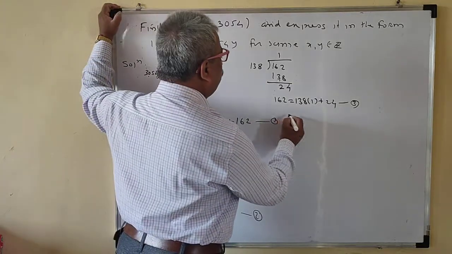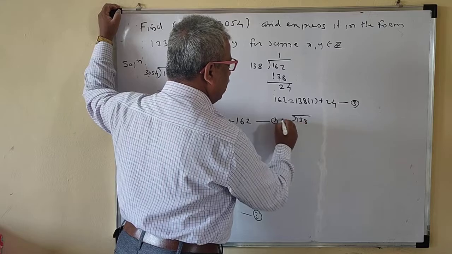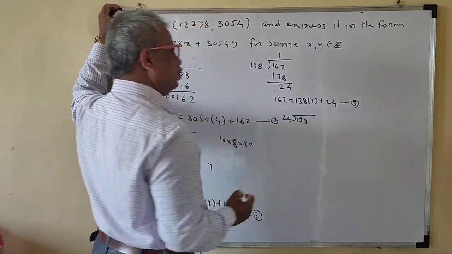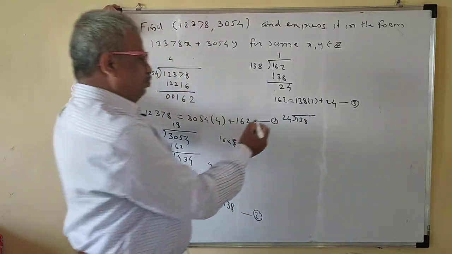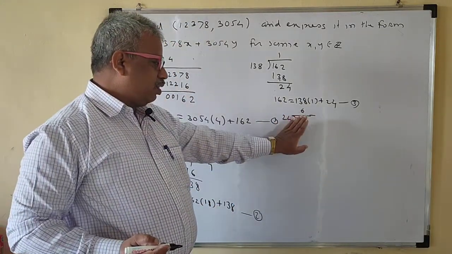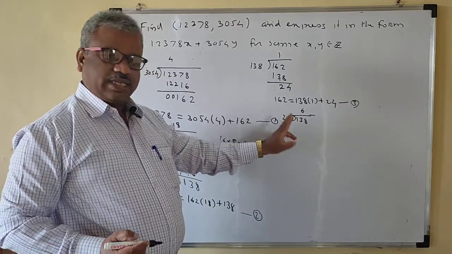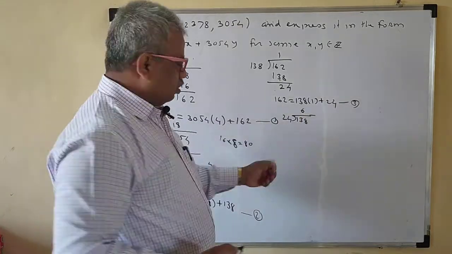Now what we'll do? We'll divide 138 by 24 now. So now we'll see whether 6 works or not. Because if you hide 4 and 8, so 6 2s are 12. So whether this works or not, we'll see.